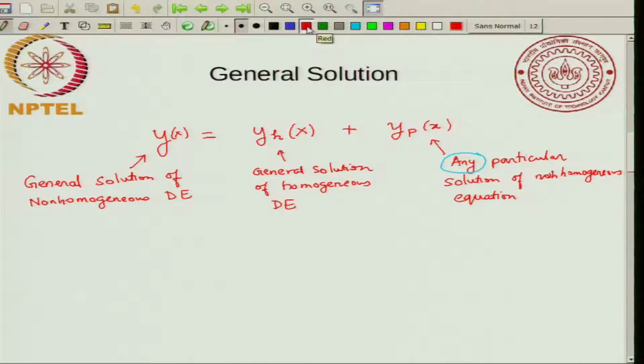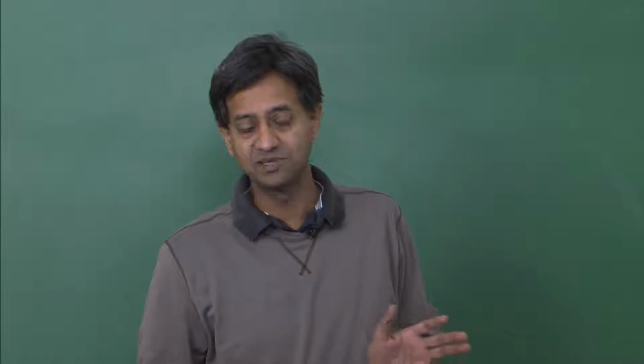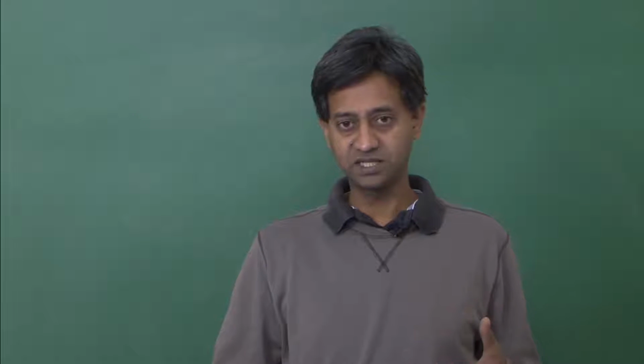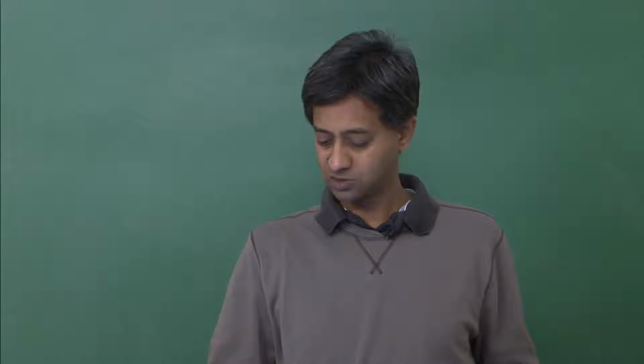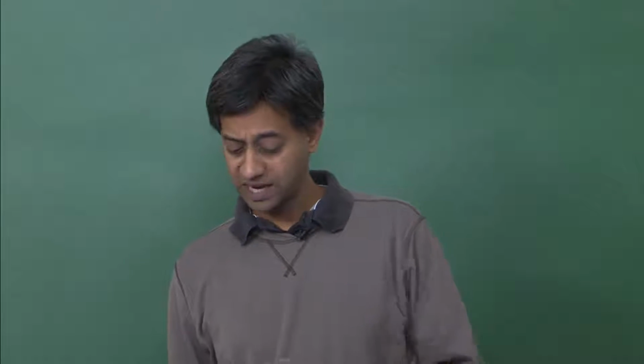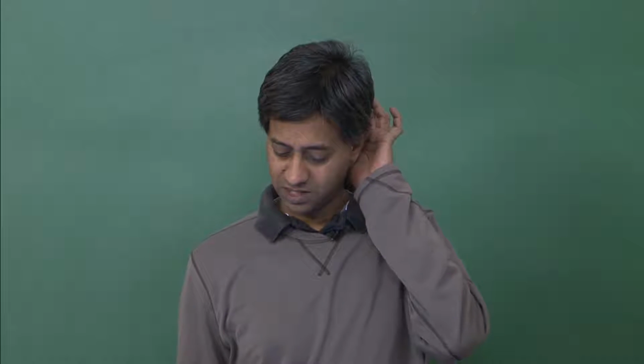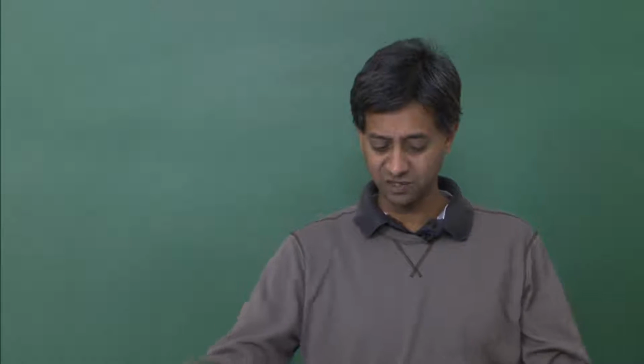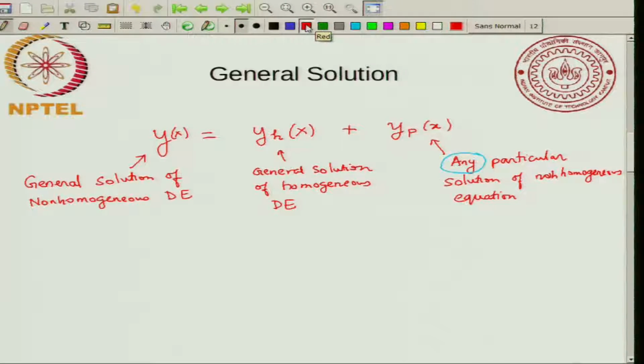Now, if you remember when we did homogeneous equations, we said that you can write different bases for the same equation. In the same way, there are different ways to write the general solution, and therefore you can choose any particular solution of the non-homogeneous equation, and that will give you a general solution of the non-homogeneous equation. What is important is that this general solution will have two arbitrary constants.